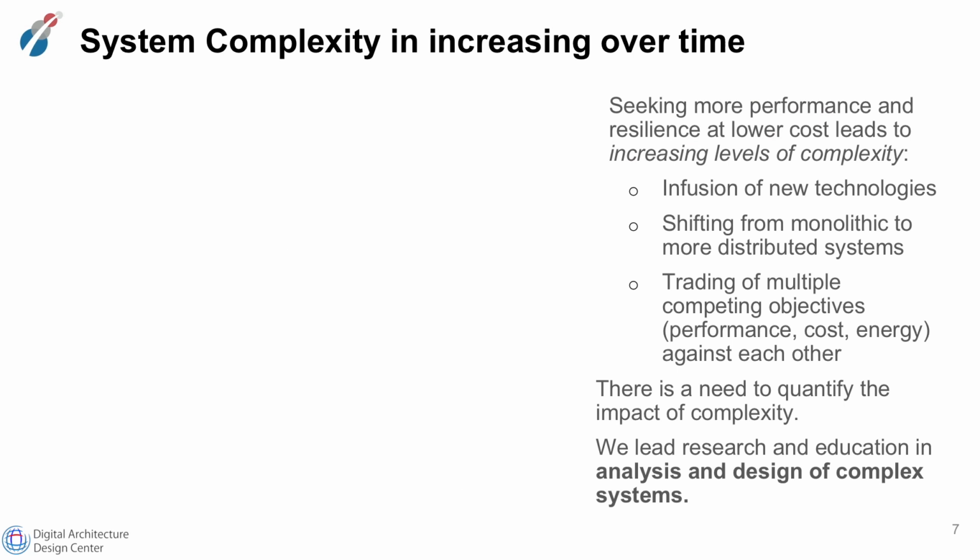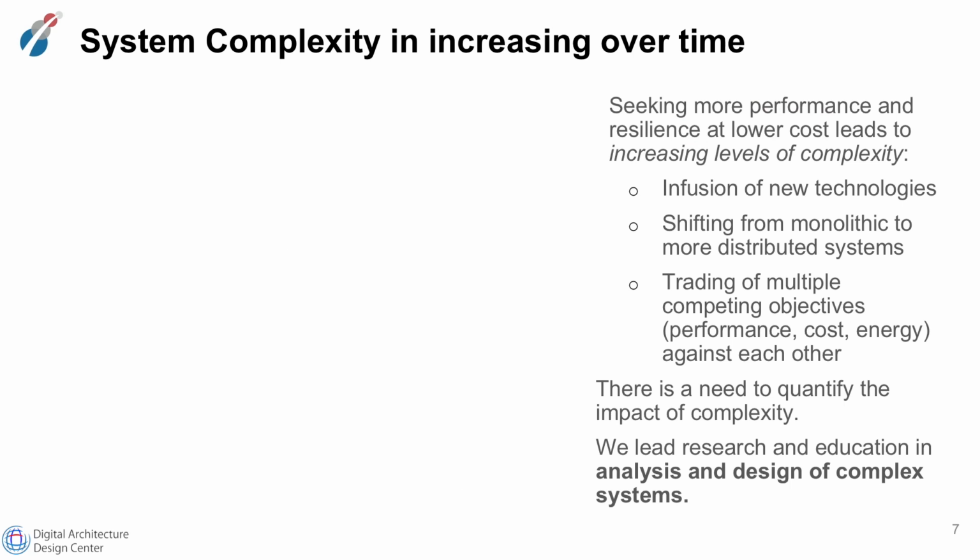What we are observing is that system complexity is increasing over time. And that's undeniable, and I will show you some evidence that this is true. And it's very, very important because a lot of our traditional ways of thinking, traditional ways of analyzing and managing systems are not able to keep up with this increasing complexity.